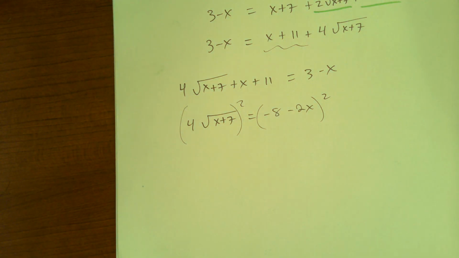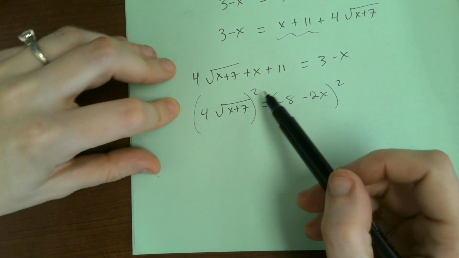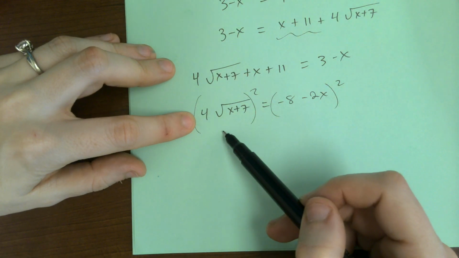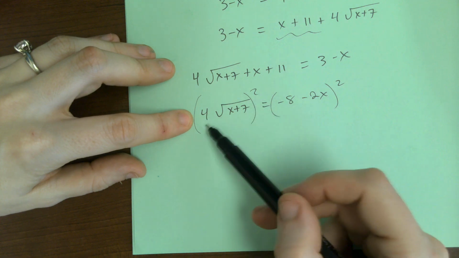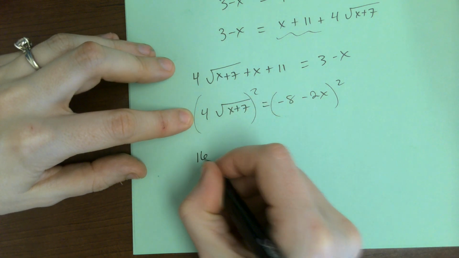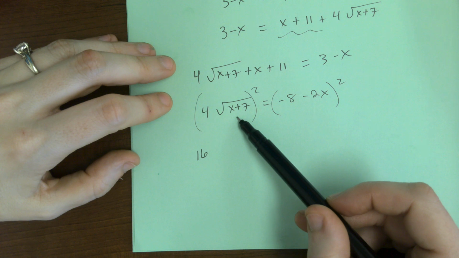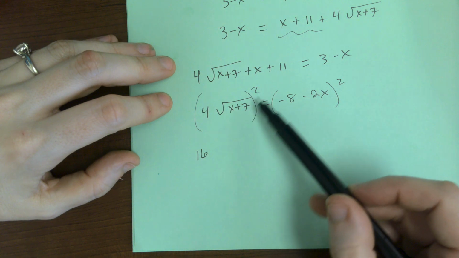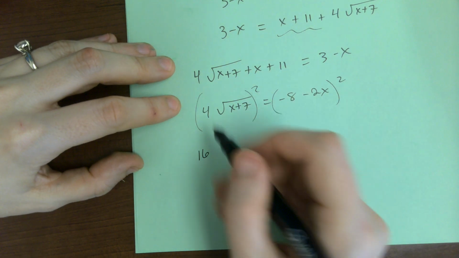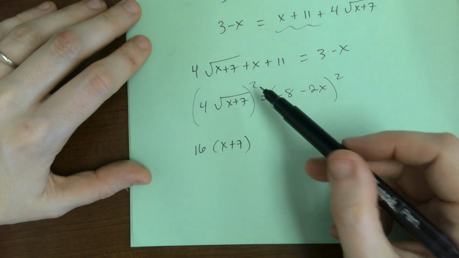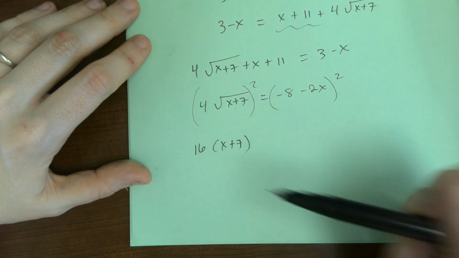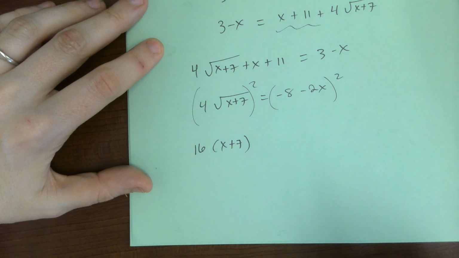Okay. Guys, what's going to happen when you do that is, since this is all just one term, the 4 out front is going to get squared, on its own, so that's 16. But then you're also squaring this square root, so what you're left with is just the x plus 7. So you have to be careful here if you're going to do it this way because the x plus 7 needs parentheses.